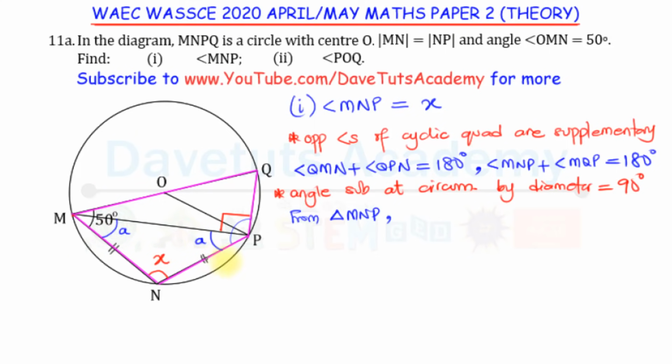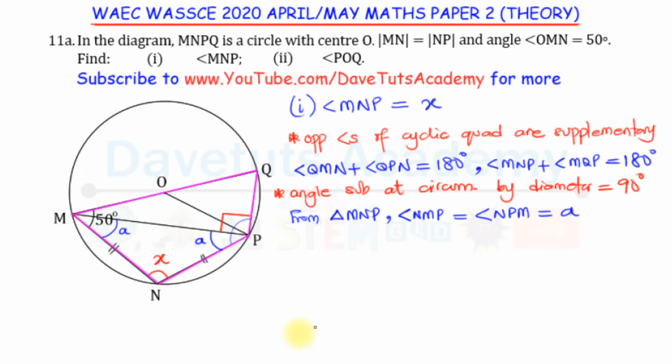Because they are base angles of an isosceles triangle. Isosceles because two of its sides are equal, and then the base angles are also going to be equal. So I can say this is A, this is A. I can say angle NMP is equal to angle NPM, and that is A. I denoted that as A.